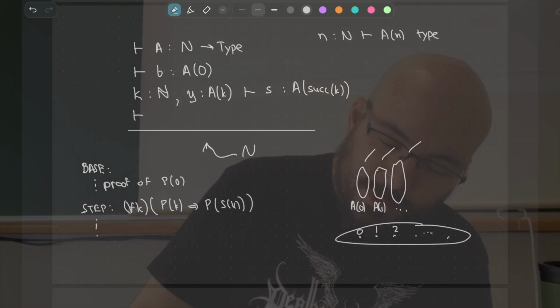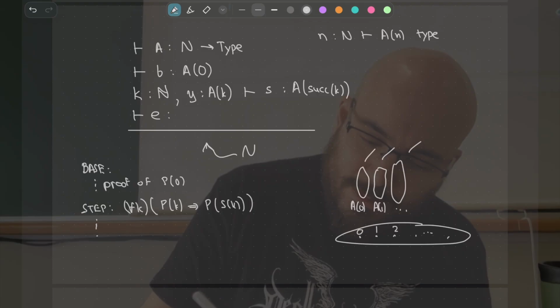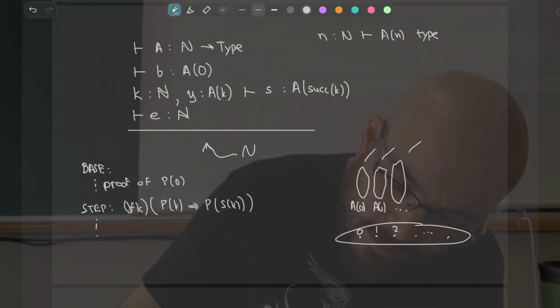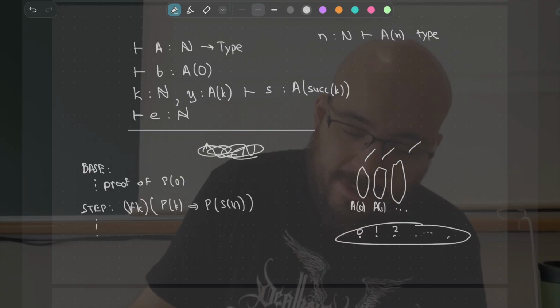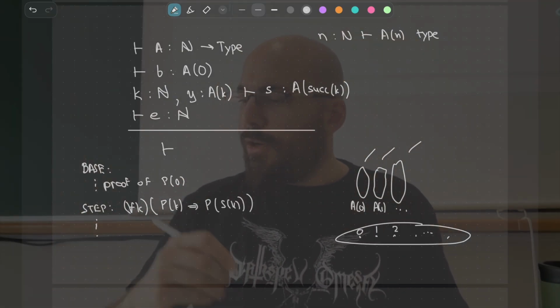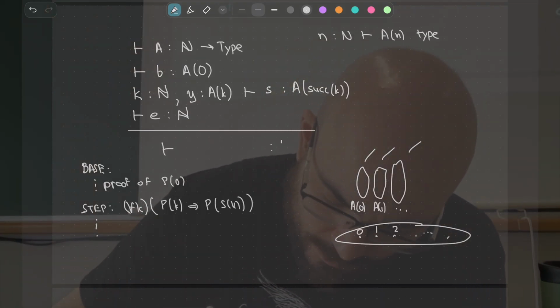So I also want to have, let's call it E, of type n. And if I have all those things, I should be able to produce an element of A of E.